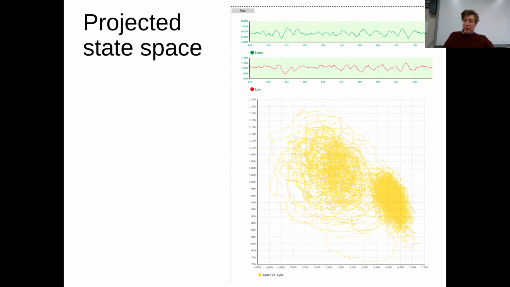And when hares were very, very numerous, the lynx population would often soon rise, and the hare population will be due for a decline in some years later.